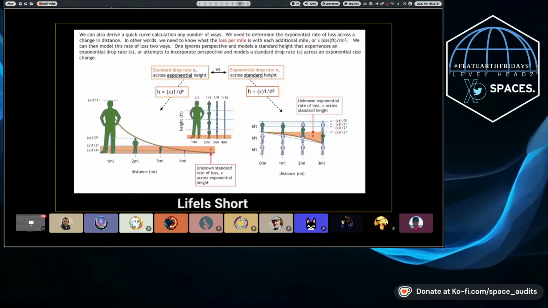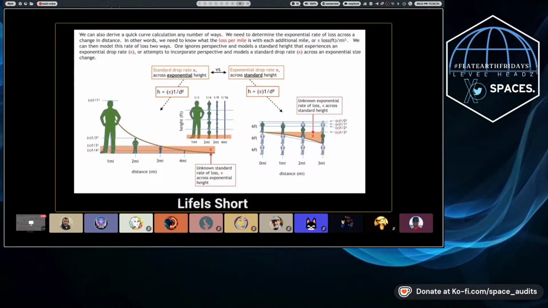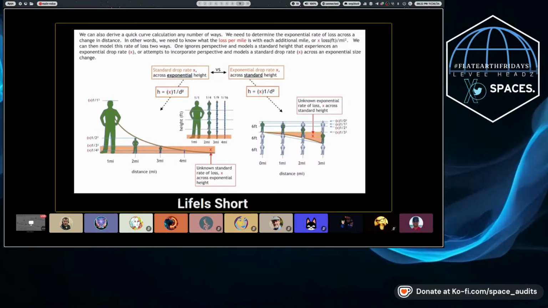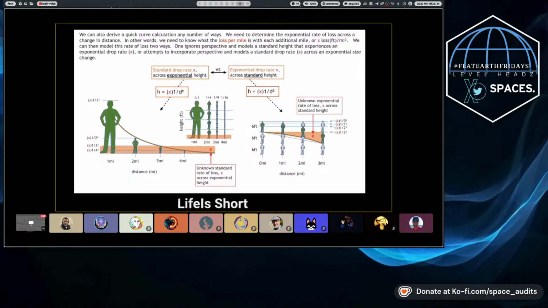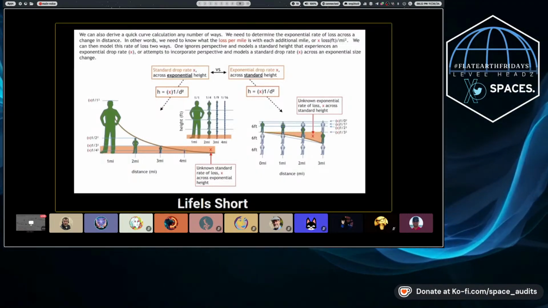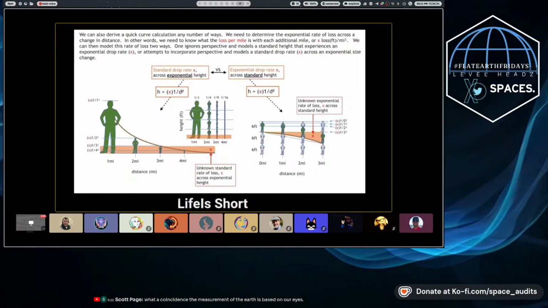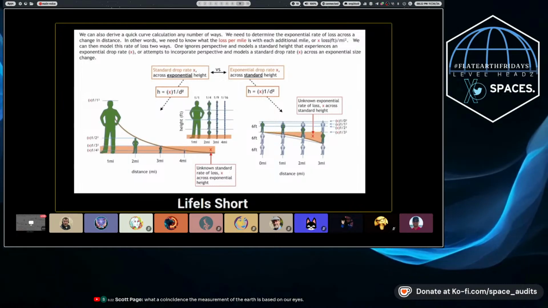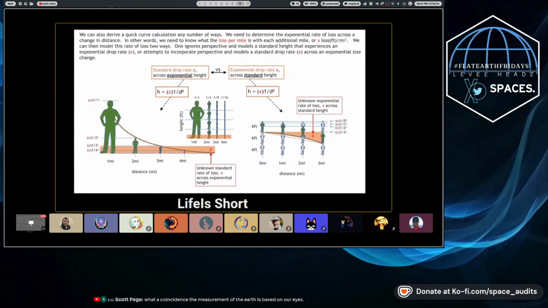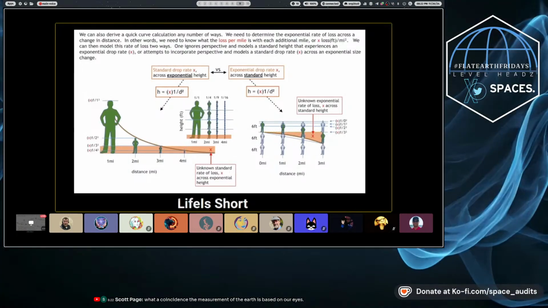So we can also derive a quick calculation formula any number of ways. We need to determine the exponential rate of loss across a change in distance. So in other words, we need to know what the loss per mile is with each additional mile, or the x loss of feet per mile squared. We can then model this rate of loss two ways.